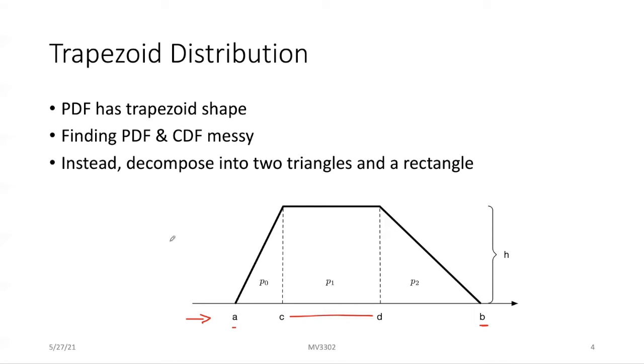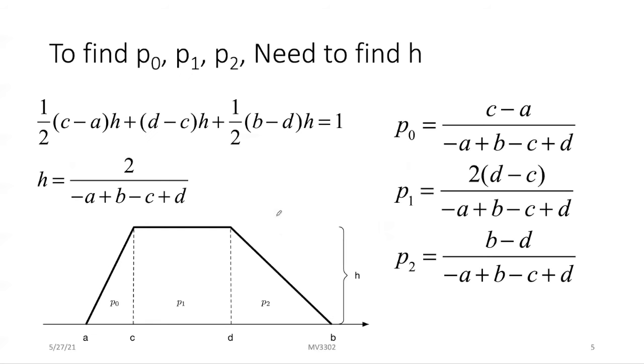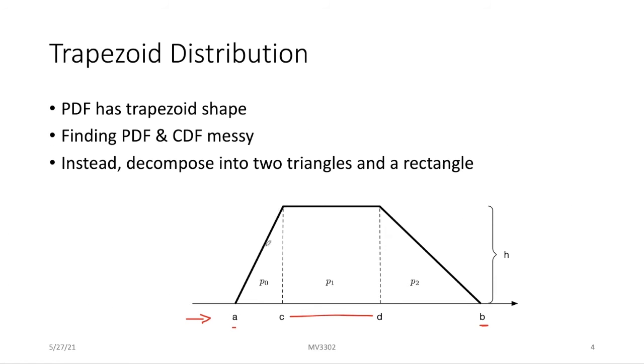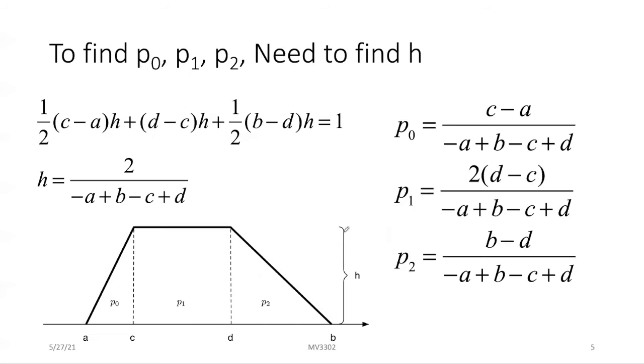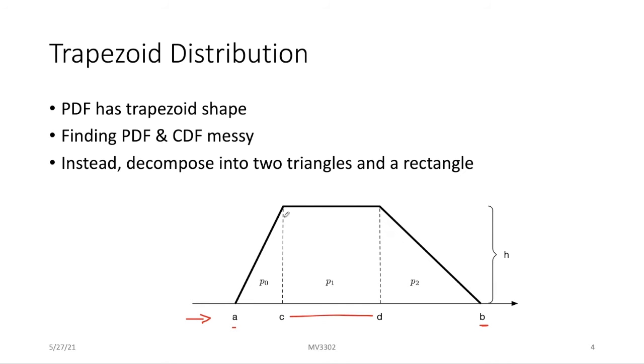Now, the only math we do have to do is to figure out what these probabilities are. Those probabilities are going to be the area under the curve. Remember, the area under a PDF is always 1, and the sum of the probabilities has to be 1. So the area under the curve of the PDF for each of the pieces gives the relative probabilities.